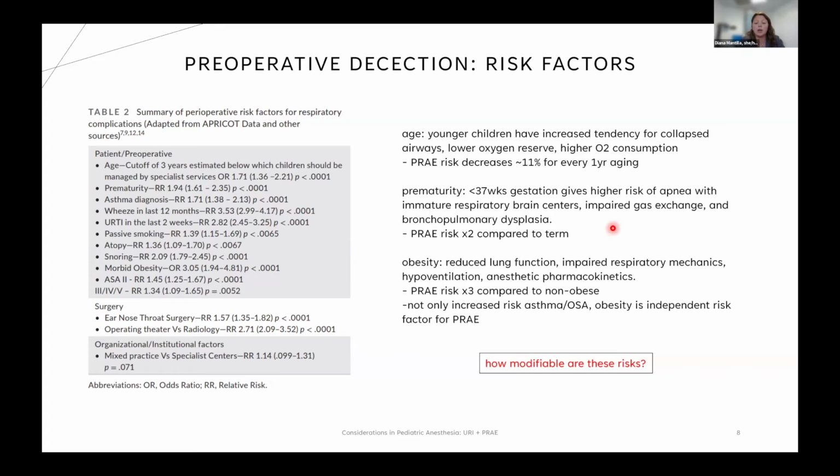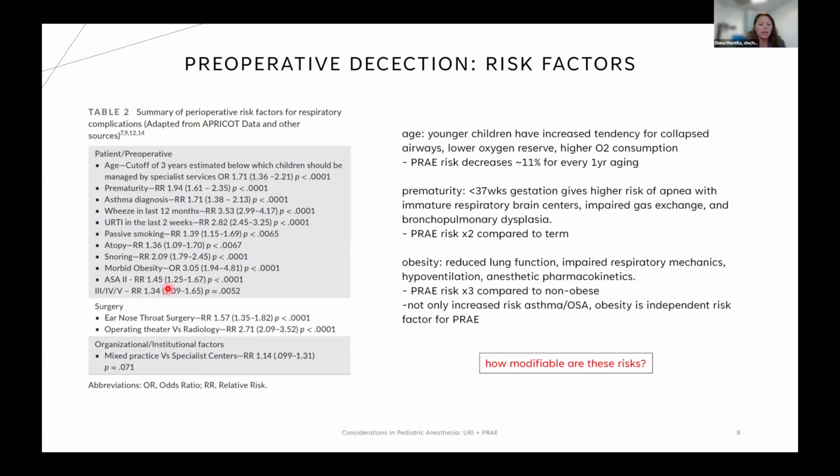This prematurity pretty much sets their airway at risk for hyperreactivity to anesthetic, not only during this window that we're looking at, but a large amount of the data suggests that it is long-term as well. And the incidence of PRAE in this population is 2 times compared to a term infant.